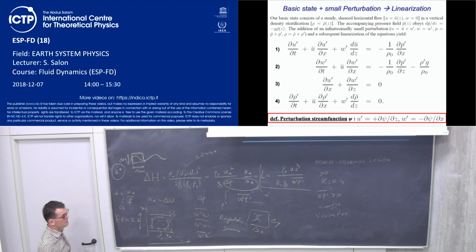Okay? This means that L actually is a measure of the scale of our eddies. So the eddies are constrained both by the stratification level of the system and by the velocity shear which is applied to our system.